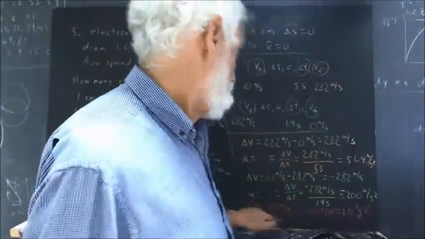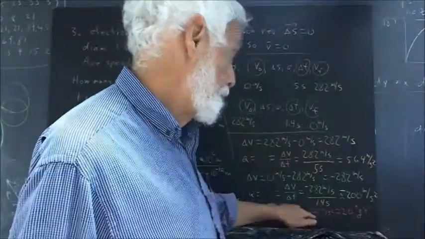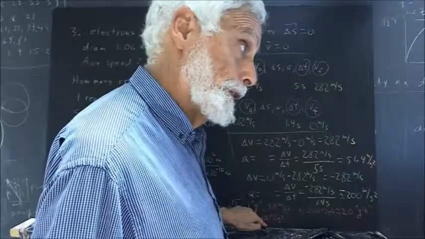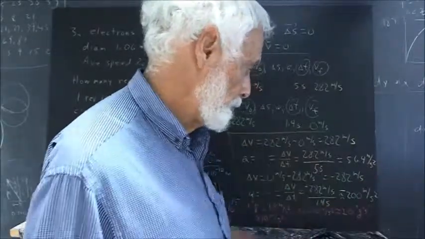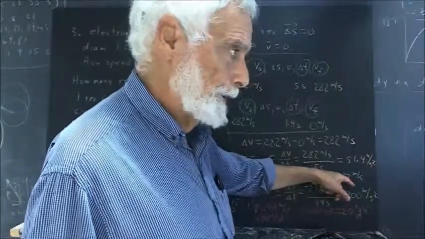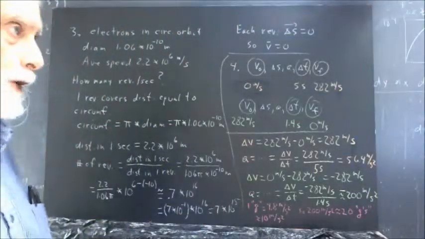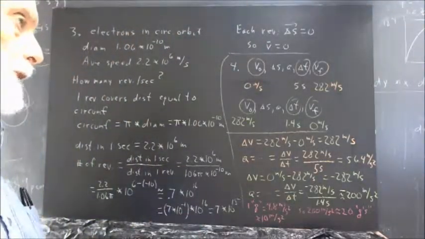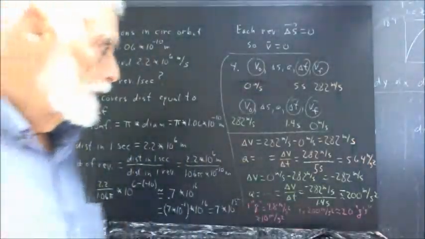Because if 10 meters per second squared is 1 G, 200 meters per second squared will be 20 of those. 20 times 10 meters per second squared is 200 meters per second squared. So we get about 20 G's. And you can always just divide an acceleration by the acceleration of gravity to figure out how many G's you're talking about.